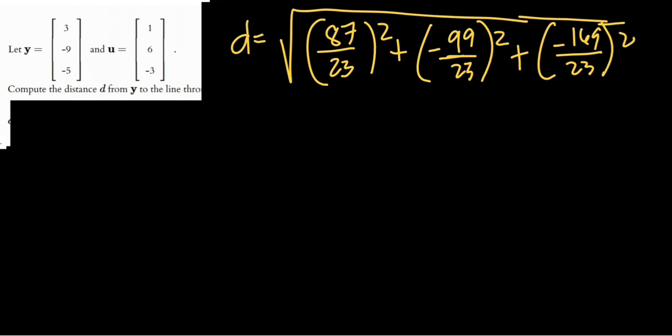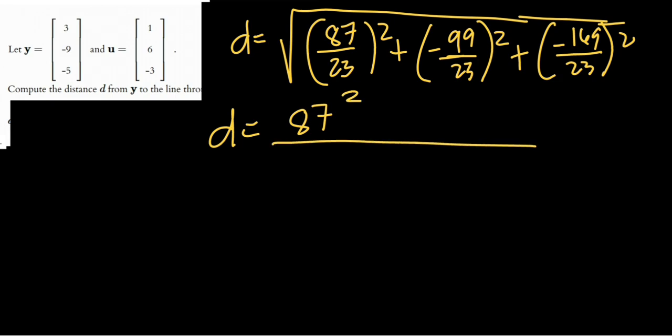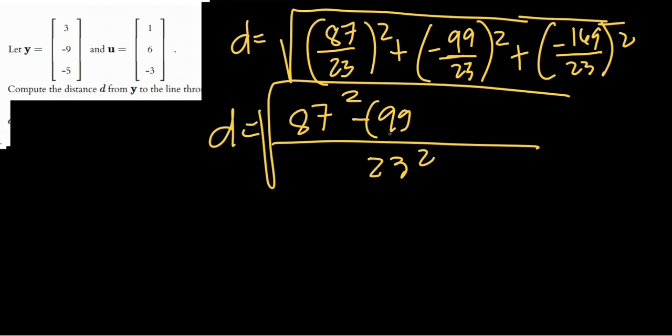Distance is the magnitude of the distance from y to the origin, and this is the formula. They have the same denominators, right? So you can just do 87 squared plus negative 99 squared plus negative 169 squared.